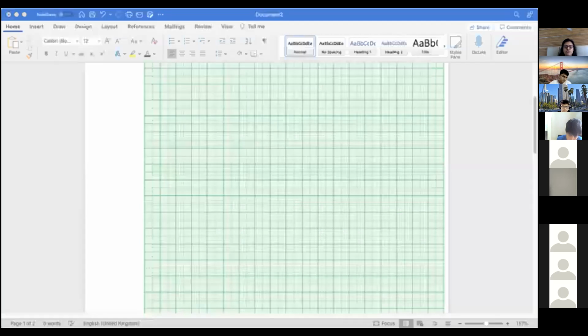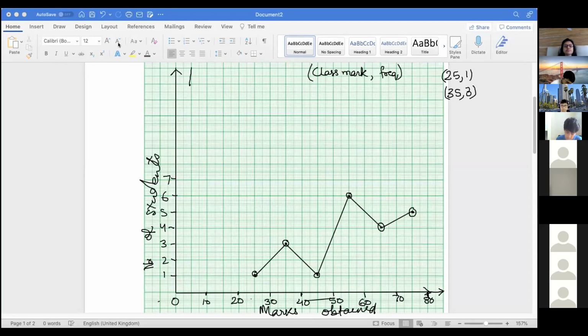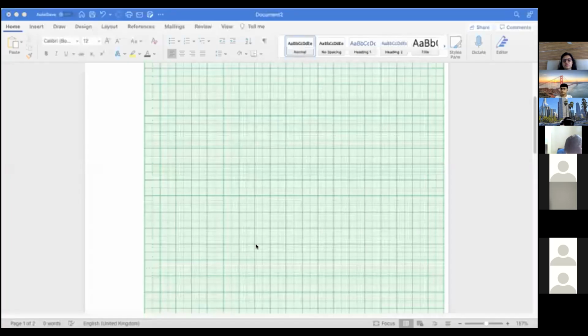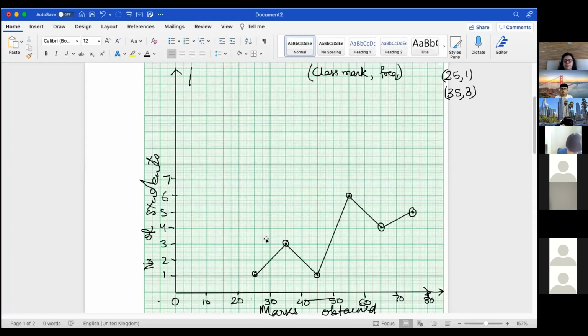How will we do the end? How can you do the continuity?